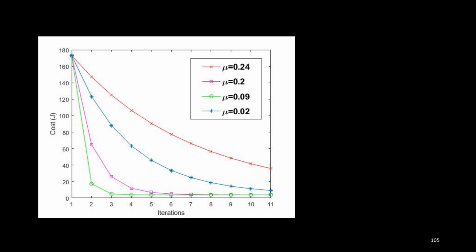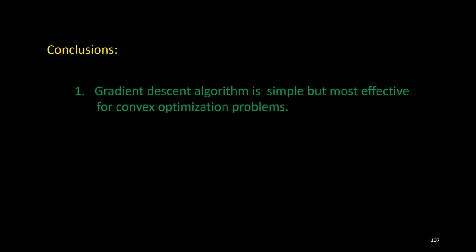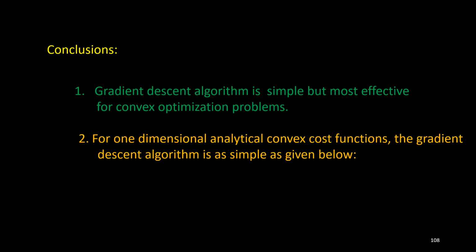But here I'll show you. First I'll give you the conclusion for this video. I've said that the gradient descent algorithm is very simple, but it is most effective for convex optimization problems. And for the one-dimensional problem, we have shown how the gradient descent algorithm is converging, and we have got the concept.